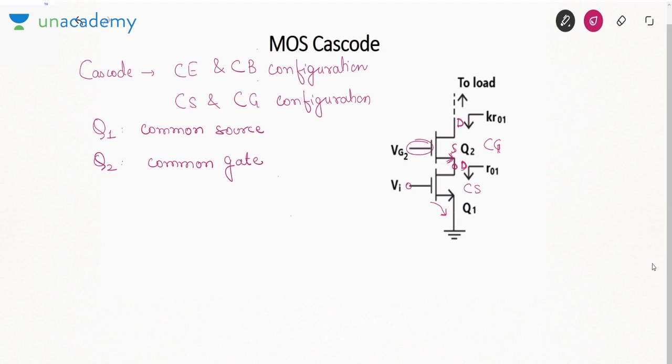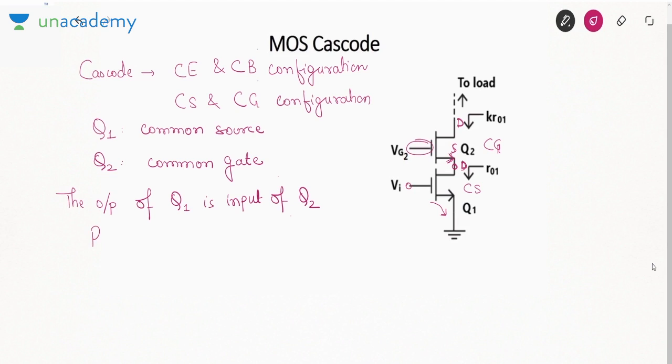Now what happens? See, the output resistance of one configuration will work as an input of the second configuration. What I mean to say here, listen to this carefully, is that the output of Q1 is input of Q2, right? Because whatever we obtain as output from Q1 is fed to Q2.